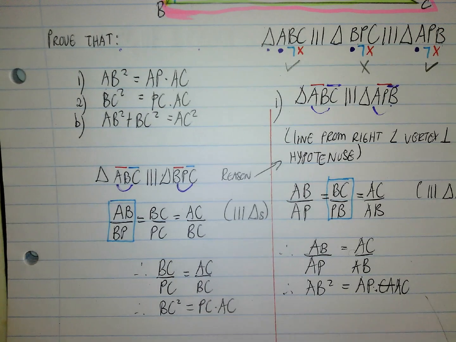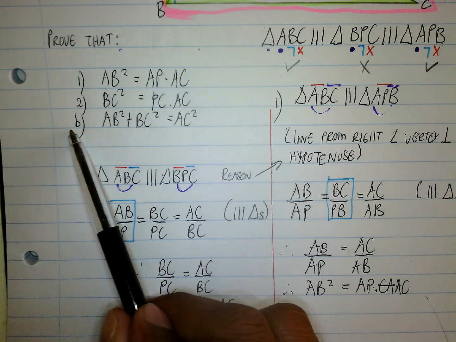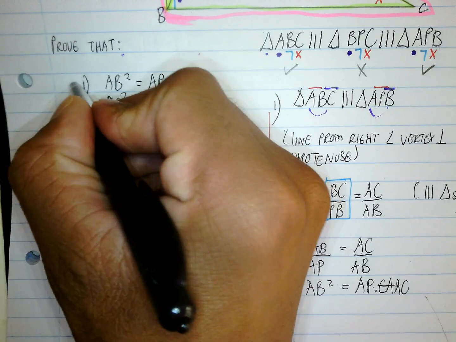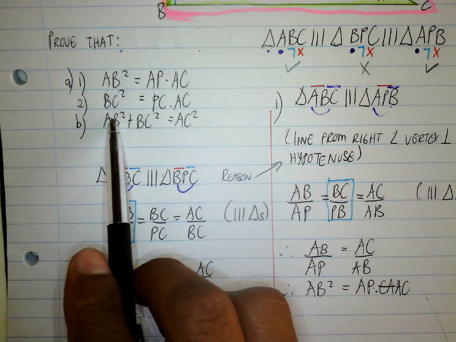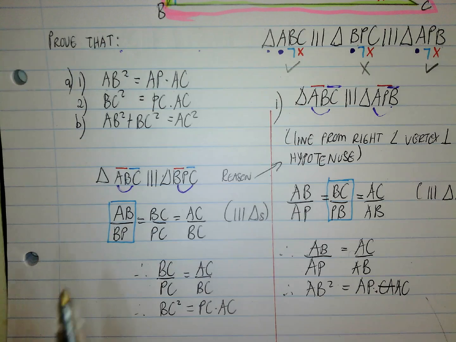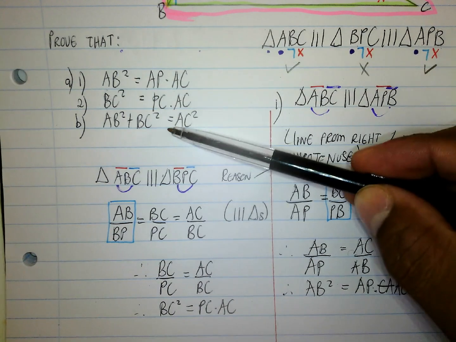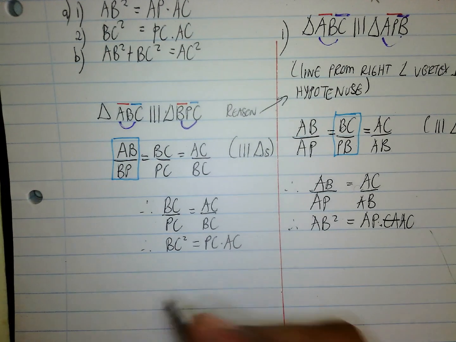Now B states that we use the results from A to prove that, so this was A, sorry. So we have to prove that AB squared plus BC squared is equal to AC squared using the results from A. So meaning that the answers from A, we have to use them in order to solve this problem, right? So now let's check AB squared and BC squared.